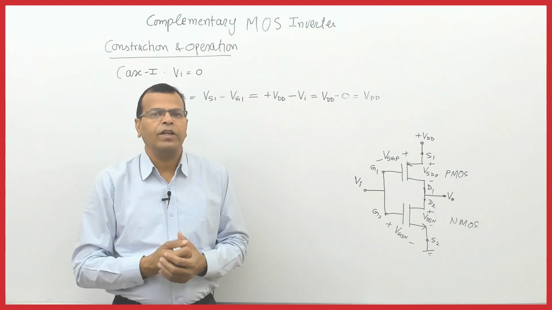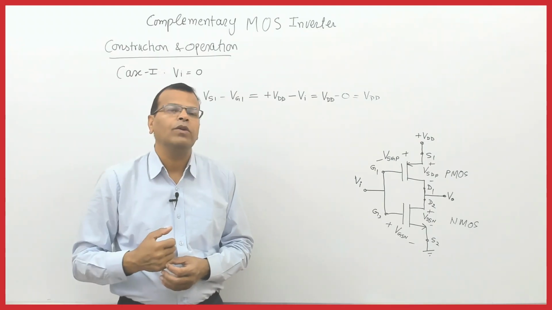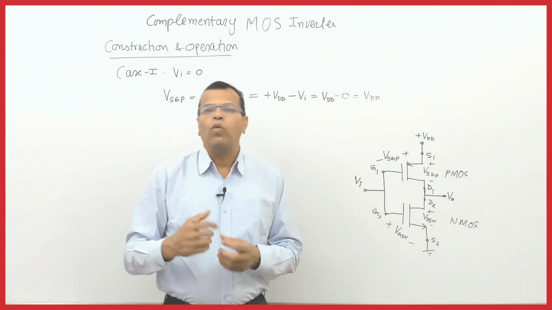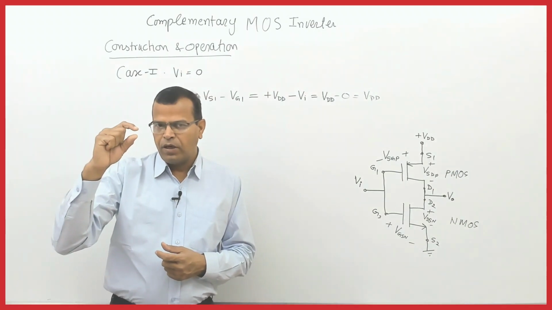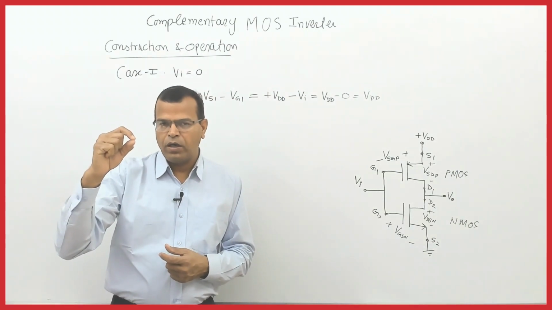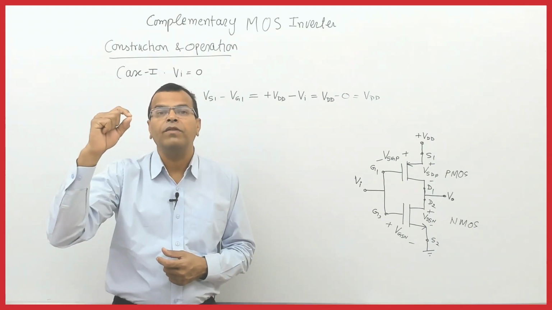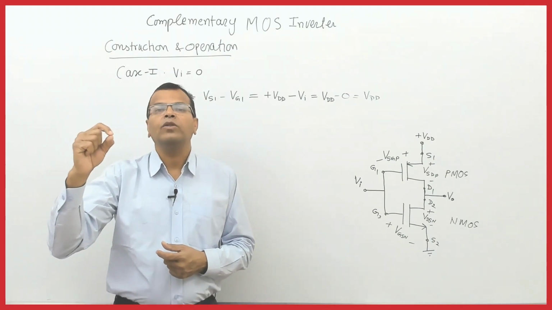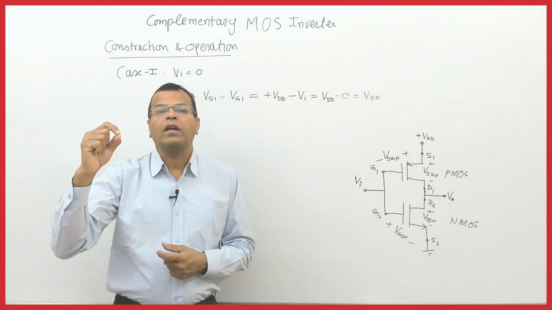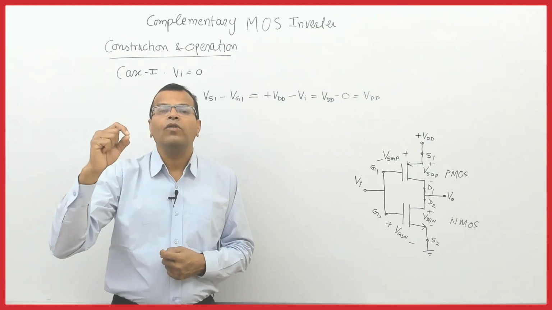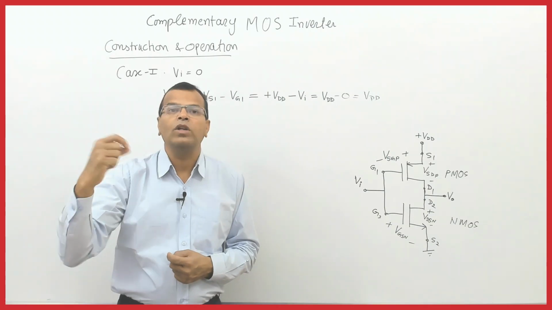What is the meaning of resistive closed switch? Meaning is when the MOSFET is in ohmic region, it behaves like a closed switch, but it offers certain finite resistance, that is known as RDS on. That is the resistance offered by the MOSFET in on state.